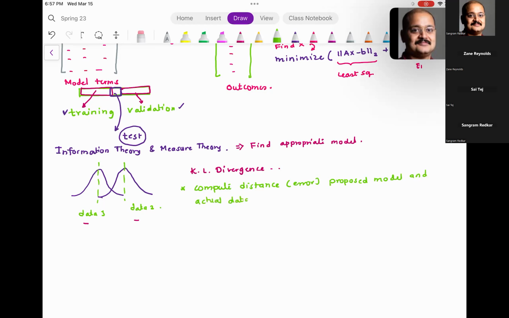So you try to find out the distance between the proposed model and actual data. And believe it or not, you have been exposed to machine learning. Then you have something called Fisher's maximum likelihood computation.